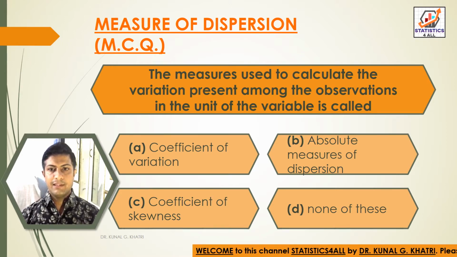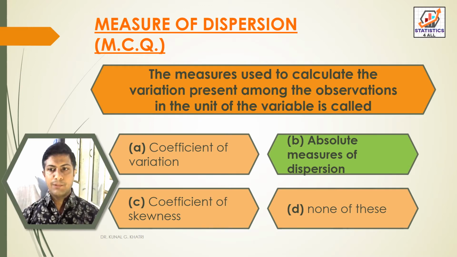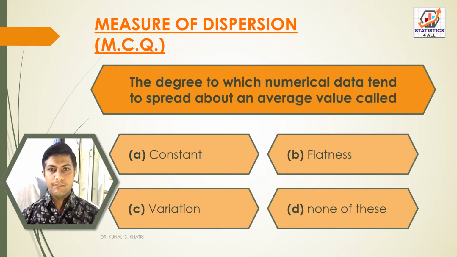So here we have answer option B absolute measures of dispersion. The measures used to calculate the variation present among the observations in the units of the variable is called absolute measures of dispersion.